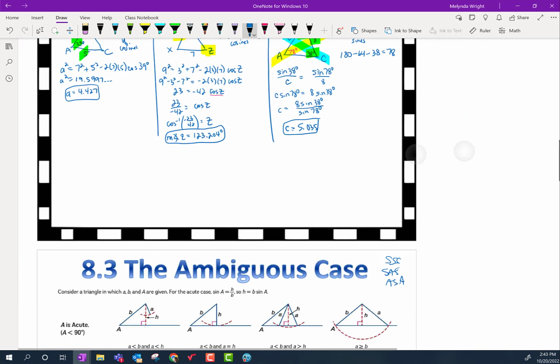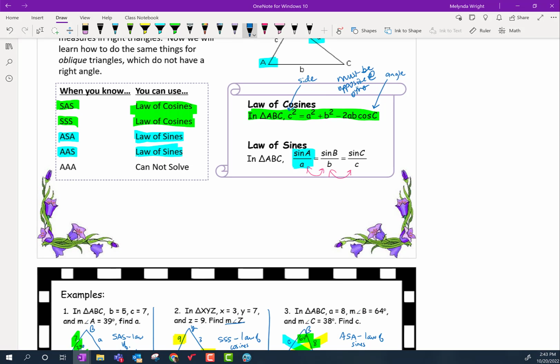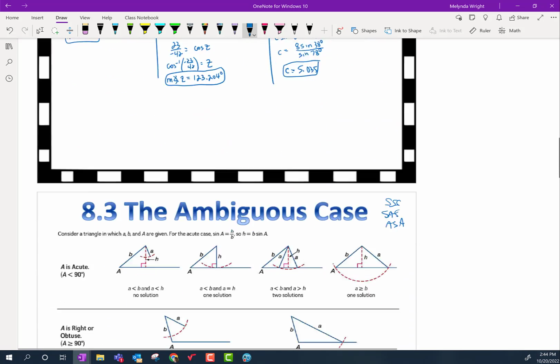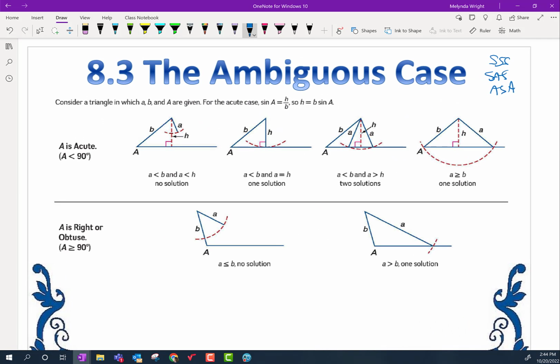In fact, we have the names of them up here. So we talked about side, angle, side, side, side, side, angle, angle, angle, side. Those are normal, okay? Those are only going to create one triangle or no triangles. That's it. Nothing else.